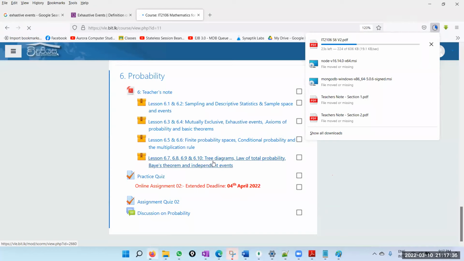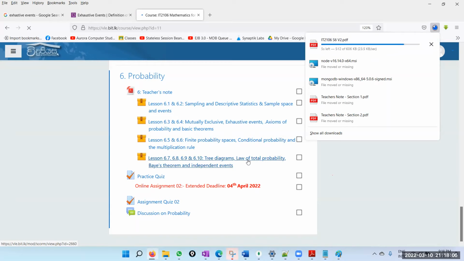So in our note, I think I have not added the total probability law. I just added the Bayes theorem, but they have added total probability law also into your syllabus now. Okay, so that is something I missed. So it's good that we did this question. Let me double check whether the PDF has it. Maybe the PDF is not having the total probability law, because I just went by the PDF.